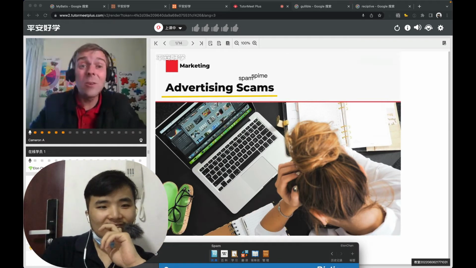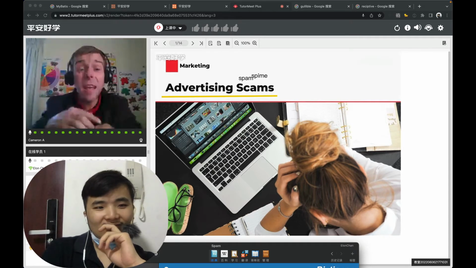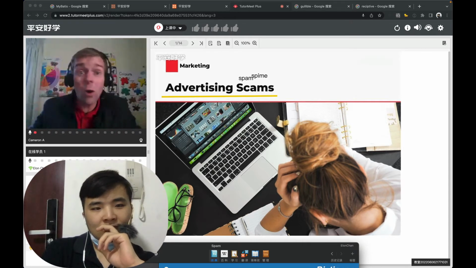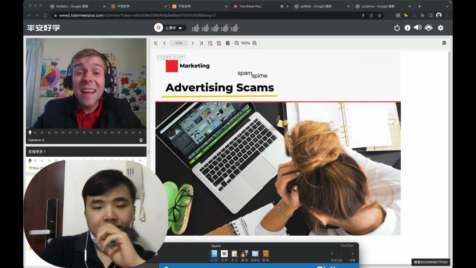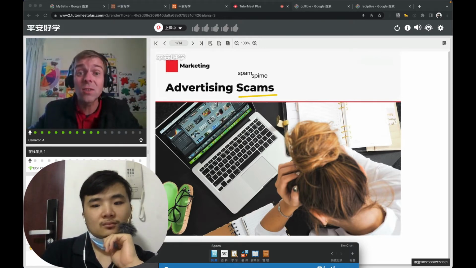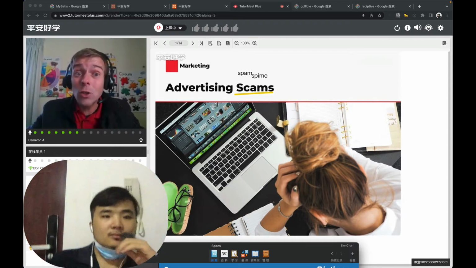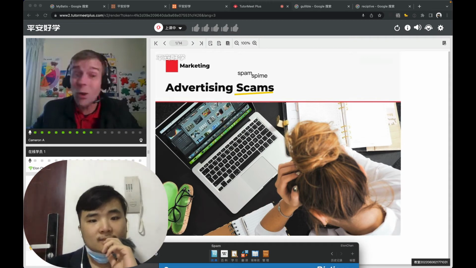Spam, Elon, is when you receive useless emails, emails that are advertising things you didn't ask for. That's a spam email. A scam is when somebody tricks you, when they're dishonest. When they say they're going to do something and then they don't do it, that's a scam.